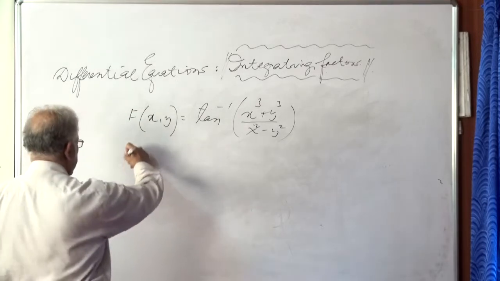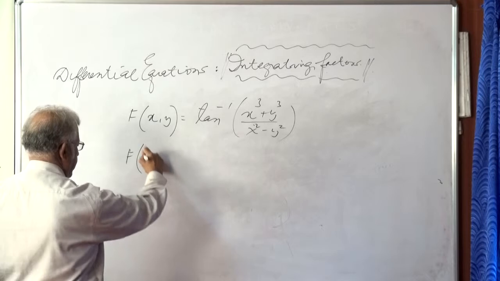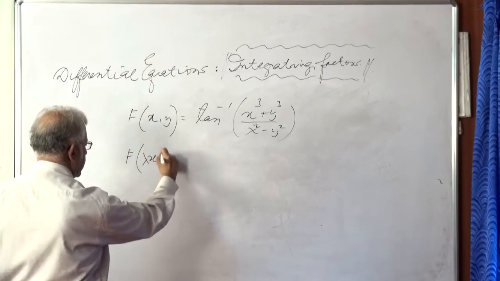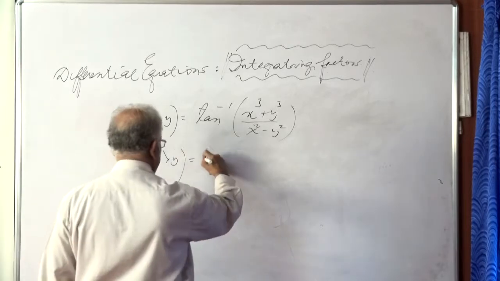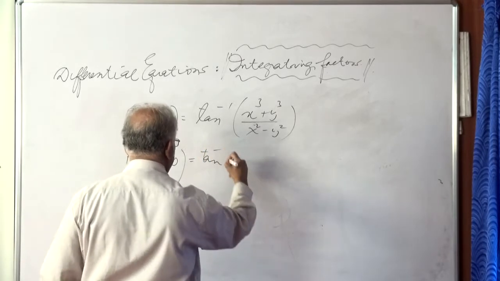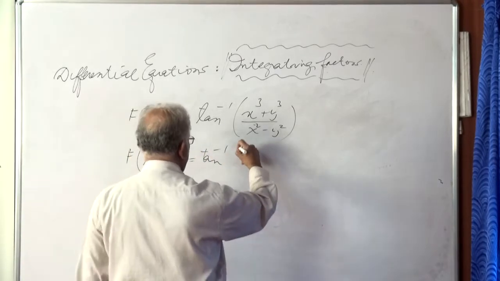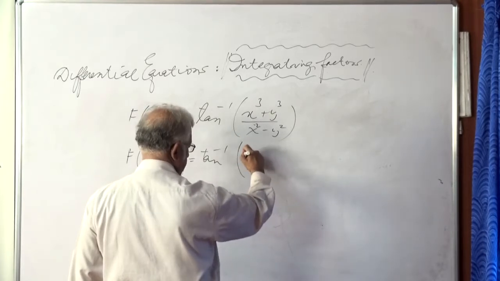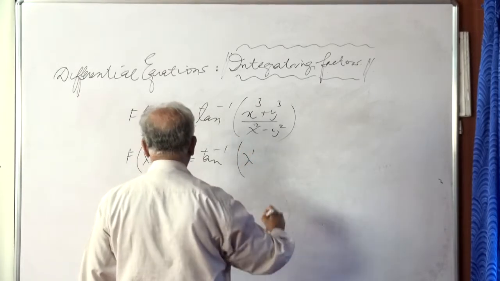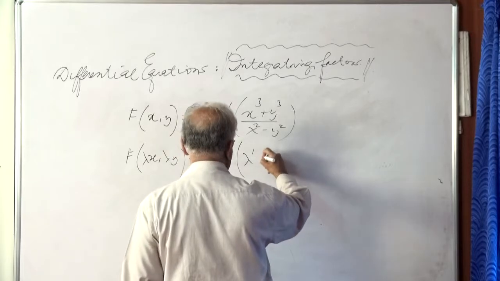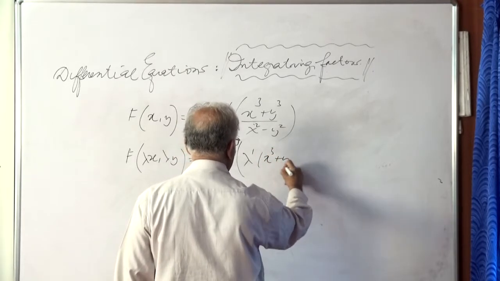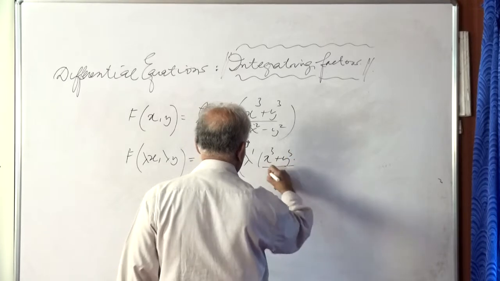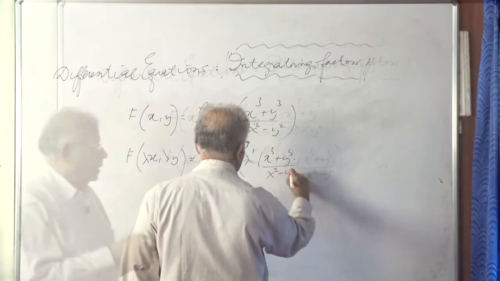Now, here, f(lambda x, lambda y) is tan inverse of lambda to the power of 1 times x cubed plus y cubed over x squared minus y squared.